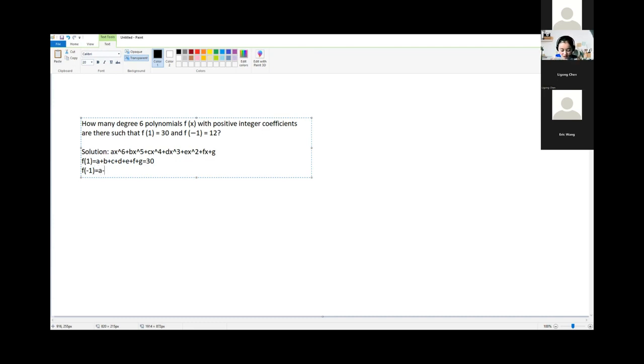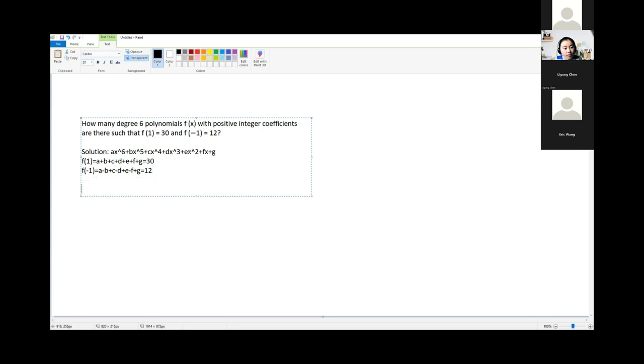So it's a minus b plus c minus d plus e minus f plus g. This equals 12. So we might be tempted to go ahead and do stars and bars on a plus b plus c plus d plus e plus f plus g equals 30, but we have to make sure that f of -1 equals 12.